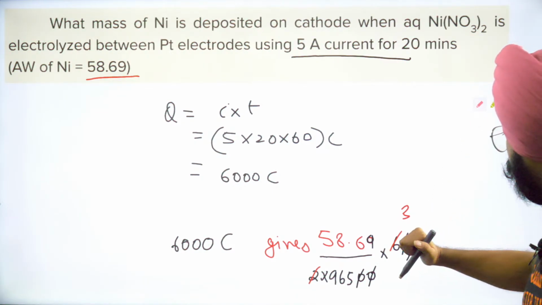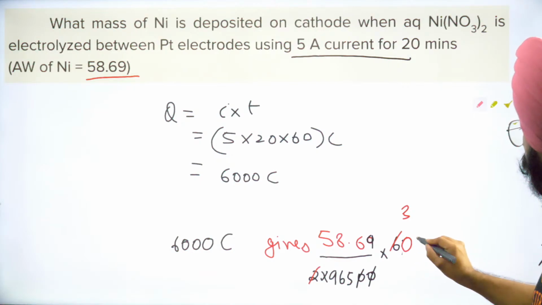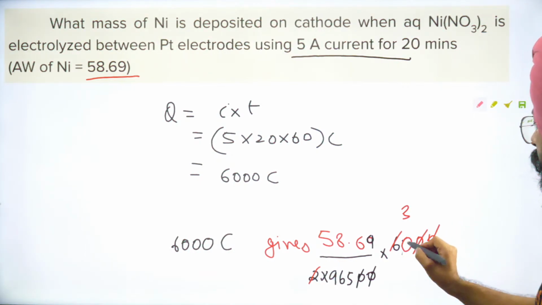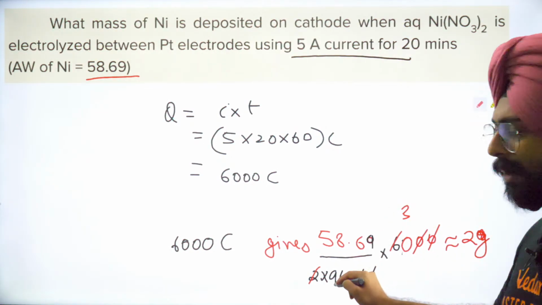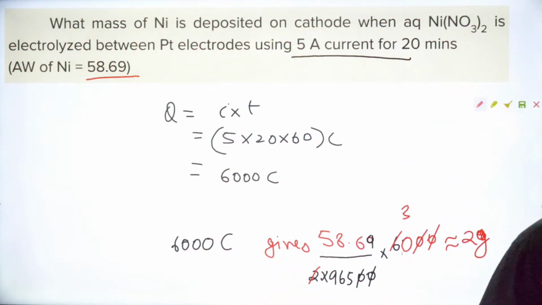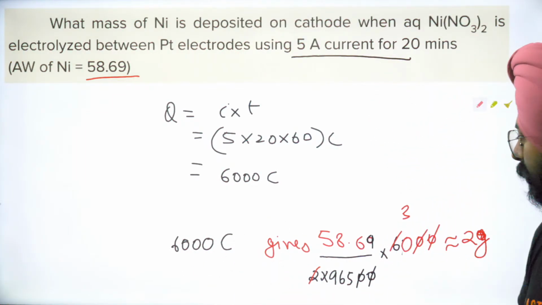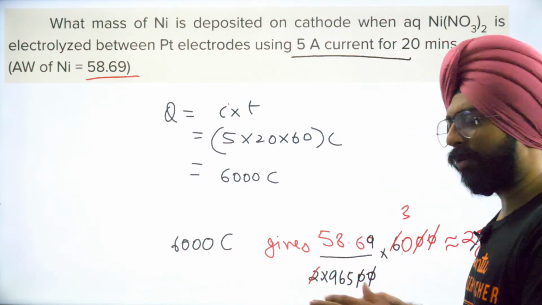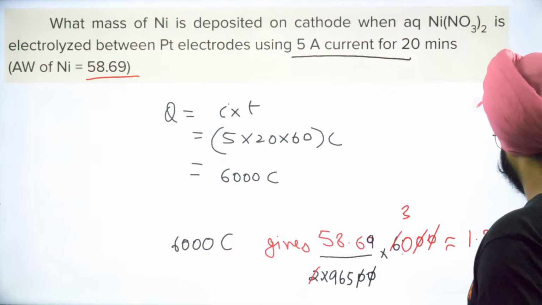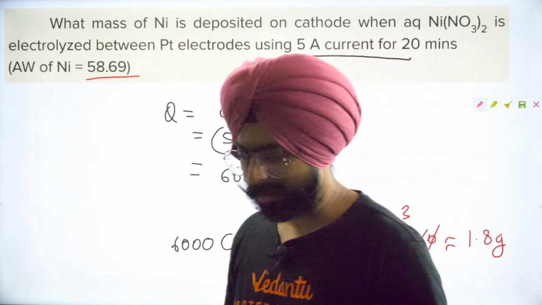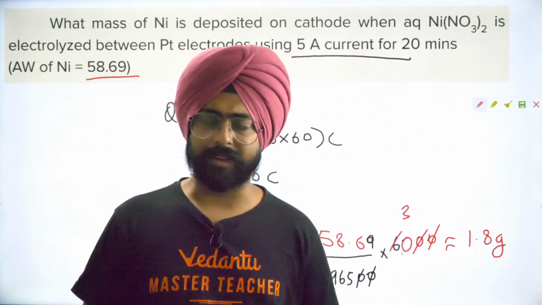Just a second. So 2 zeros are gone. So answer is approximately 2 grams. Okay, it's a very huge approximation, a very weird approximation that I'm doing. 60 into 3 by 1000, 1.8, approximately 1.8 should come, 1.8 grams. हाँ ठीक है. Yeah, people are saying 1.825. Okay, that's fine. Cool.